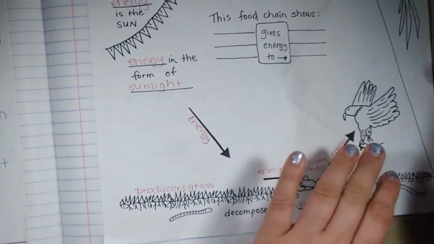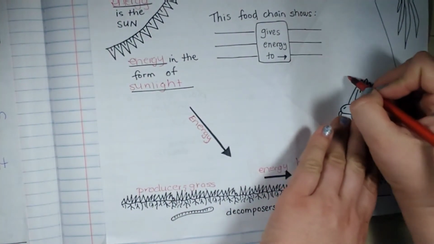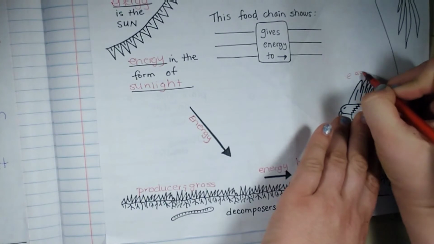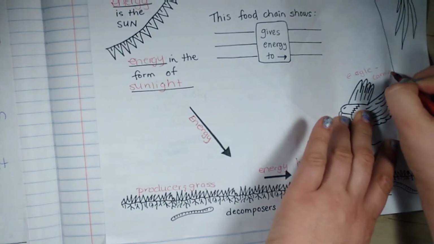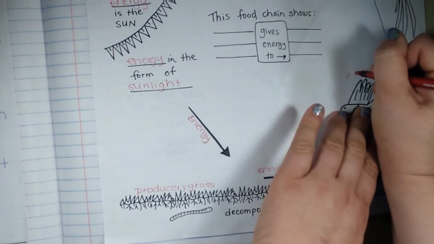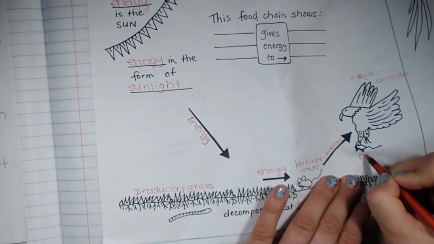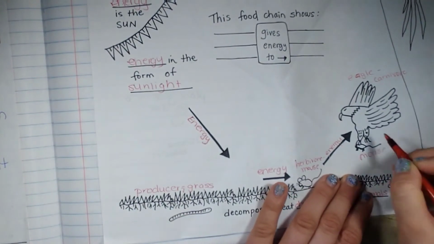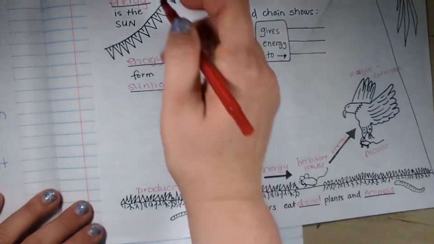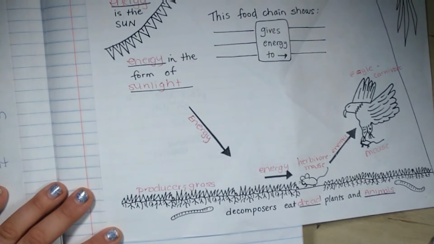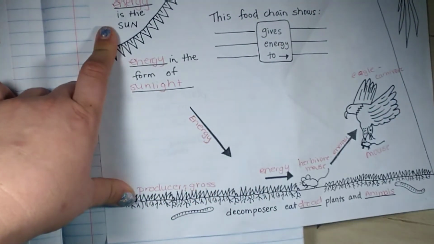The eagle is a carnivore, meaning it only eats meat. And here's the mouse. So now the eagle's going to have the mouse. So it's gone in a circle. So the sun has essentially provided food for the eagle.